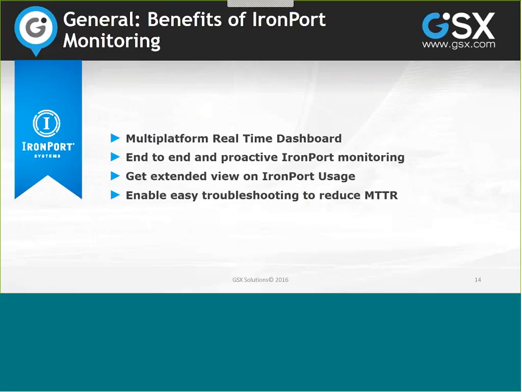GSX isolates problems and detects when an IronPort issue is affecting the entire environment. On top of that, we've seen that you are able to simulate users sending email and taking actions in order to detect instantly any email latency, and not to wait for users to complain. So it drastically reduces your mean time to repair.